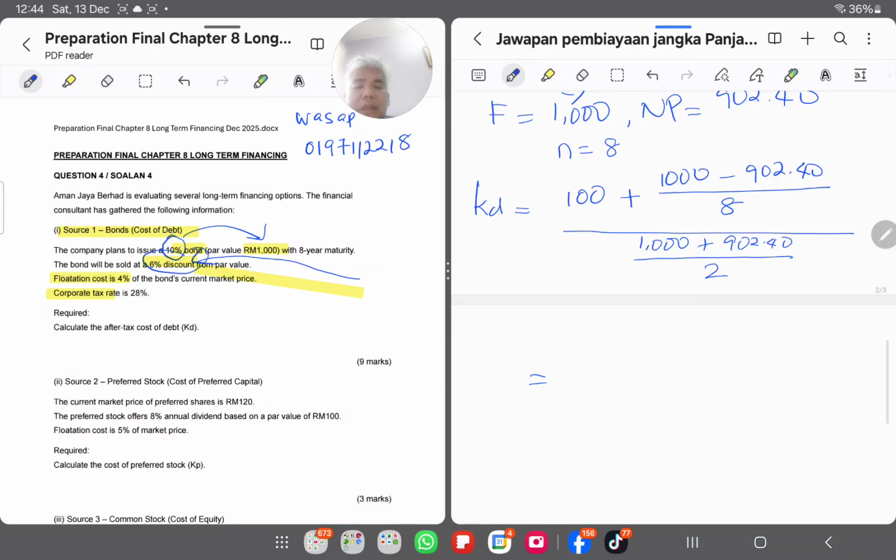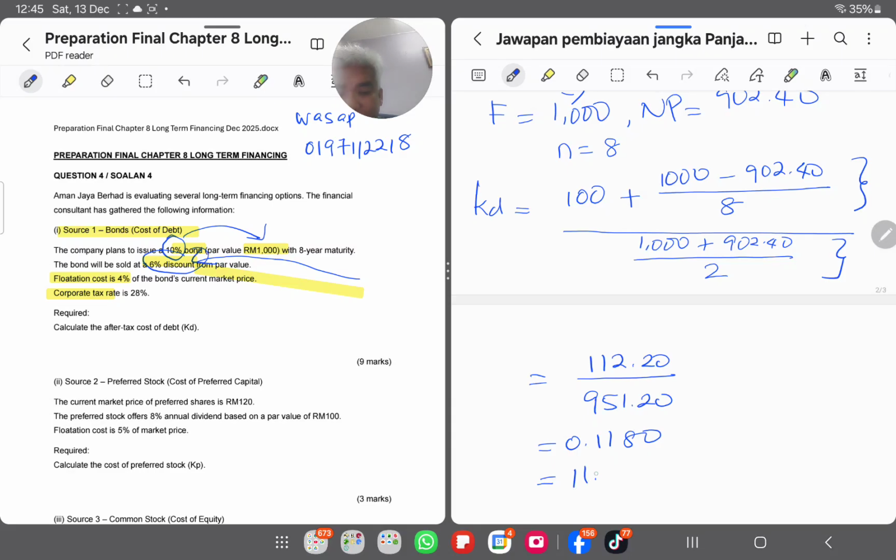Okay, you use your calculator, then you will get, if you calculate this and this, 112.2 divided by 951.2, which is equivalent to 0.1180. Then you convert into percent, which is 11.80%. So this is the cost of debt.